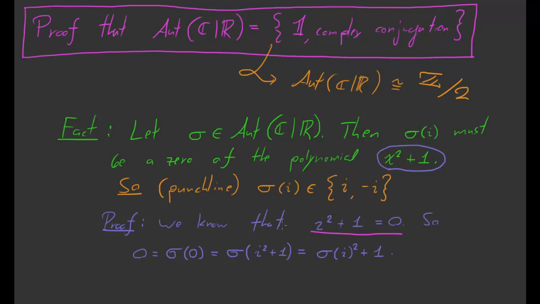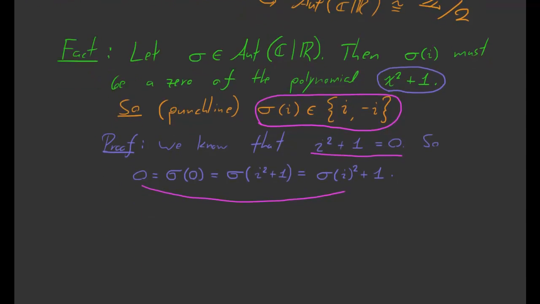And then using the properties of sigma, we can rewrite sigma of i squared plus 1 as sigma of i squared plus 1. So sigma of i squared plus 1 is equal to 0. So sigma of i has to satisfy this polynomial, and thus sigma of i is either equal to i or negative i. So that's why this fact is true.